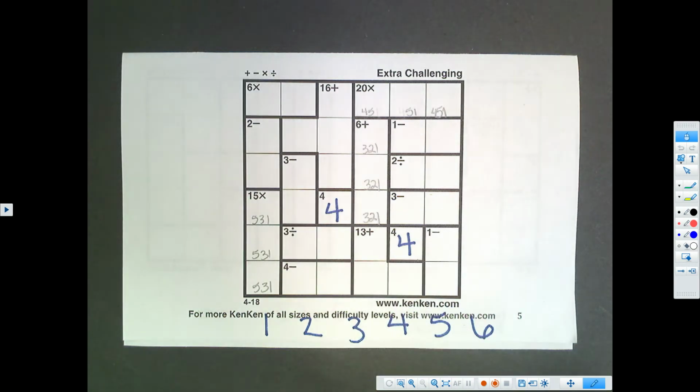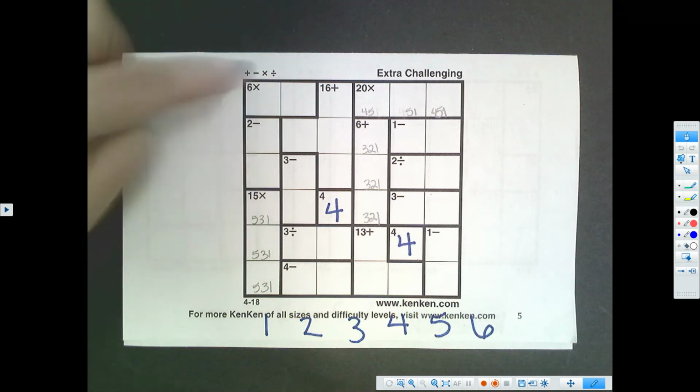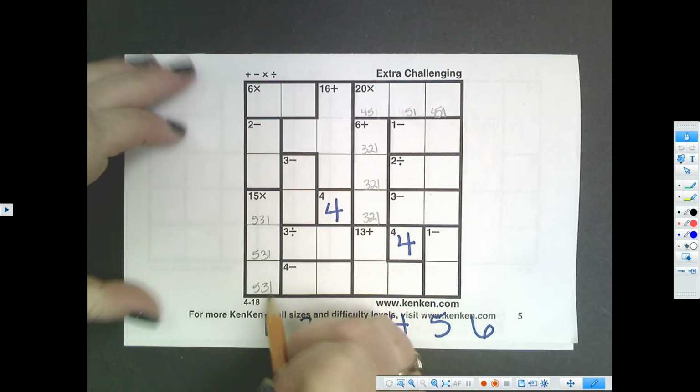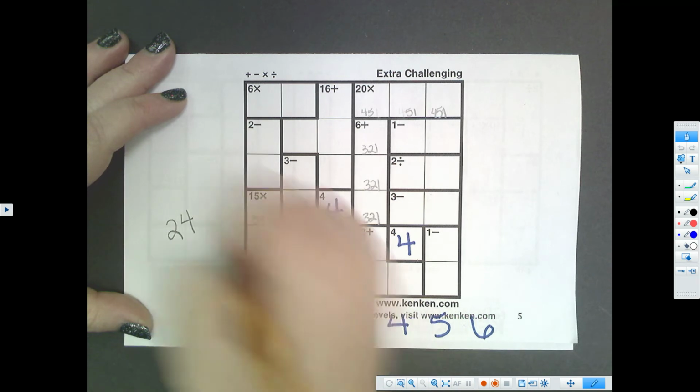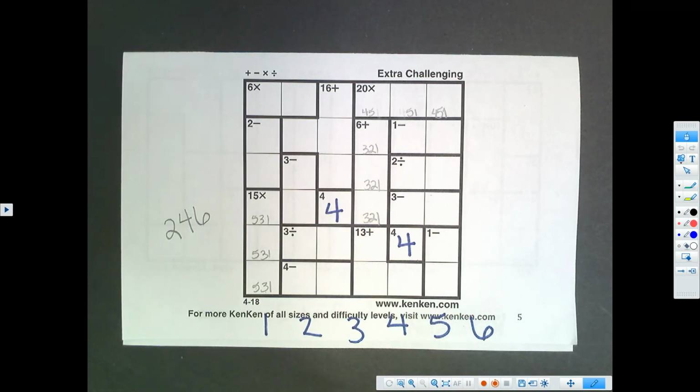Now for this strategy, it's good to look at columns as a whole. If I look at this whole column, I have a 1, and I'm missing a 2, 3, 4, 5, and a 6. So I have 2, 4, and a 6 left for the rest of this column.